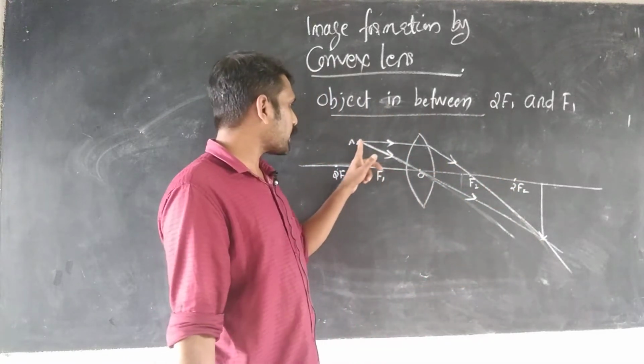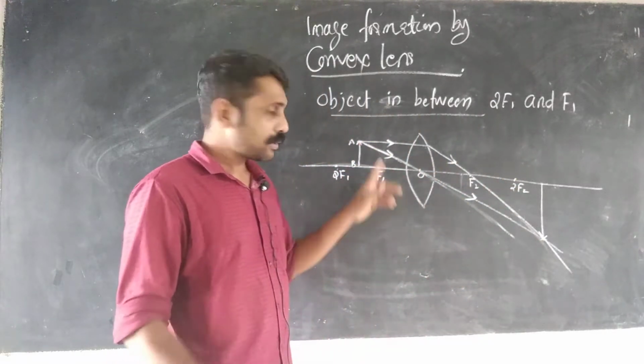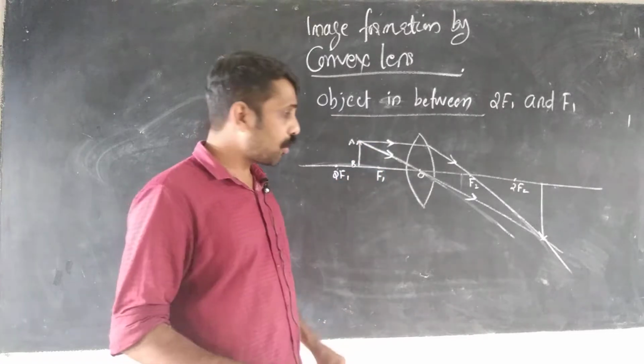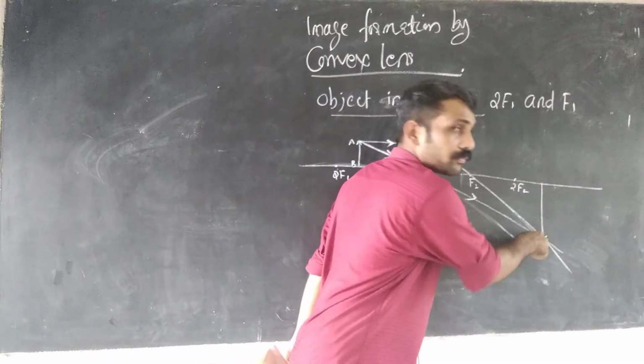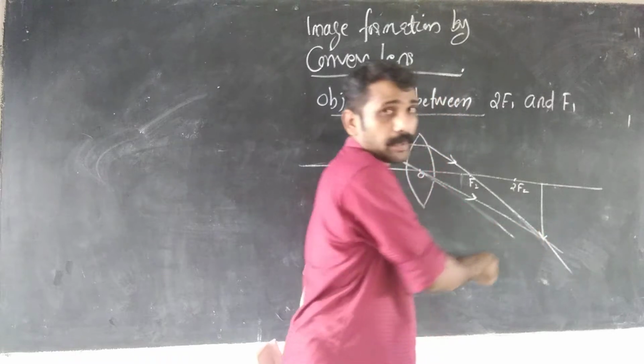These two incident rays are coming from the head of the object. So here will be the head of the image.